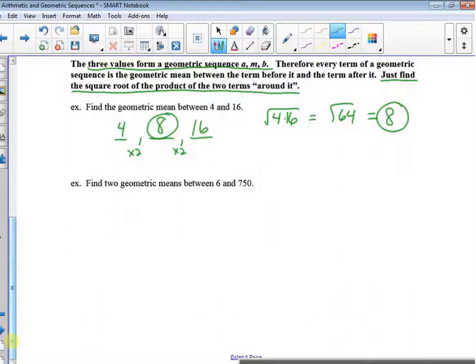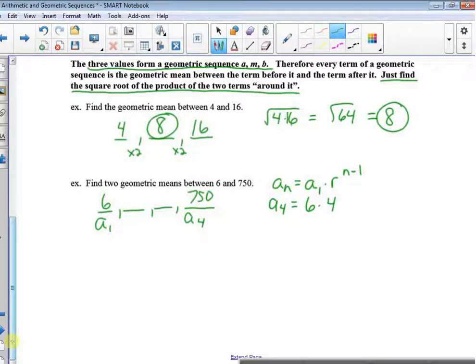A little bit harder, find two geometric means between 6 and 750. So 6 and 750, so this is the sequence. I'm going to make 6 a sub 1, then a sub 2, a sub 3, so 750 would be a sub 4. I'm going to write out my formula. A sub n equals a sub 1 times r to the n minus 1. So I have a sub 4, I have a sub 1, and I do not know what r is.